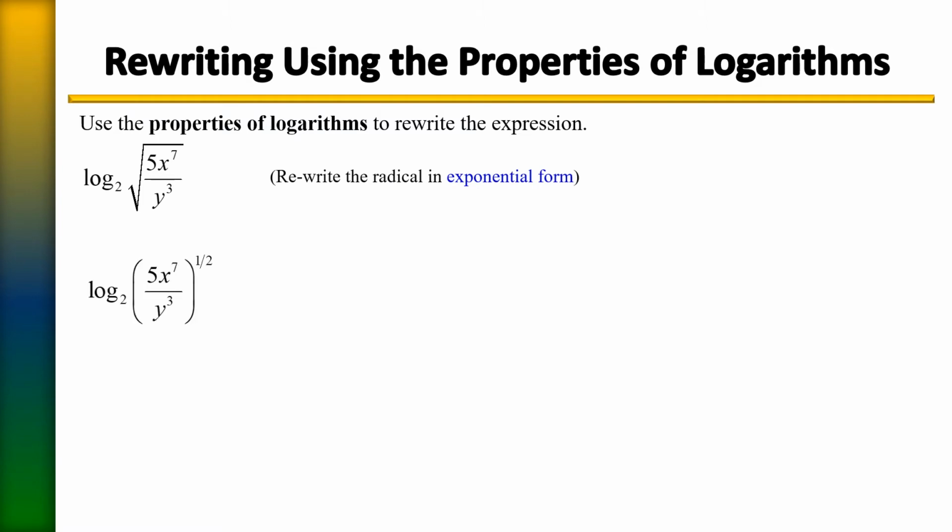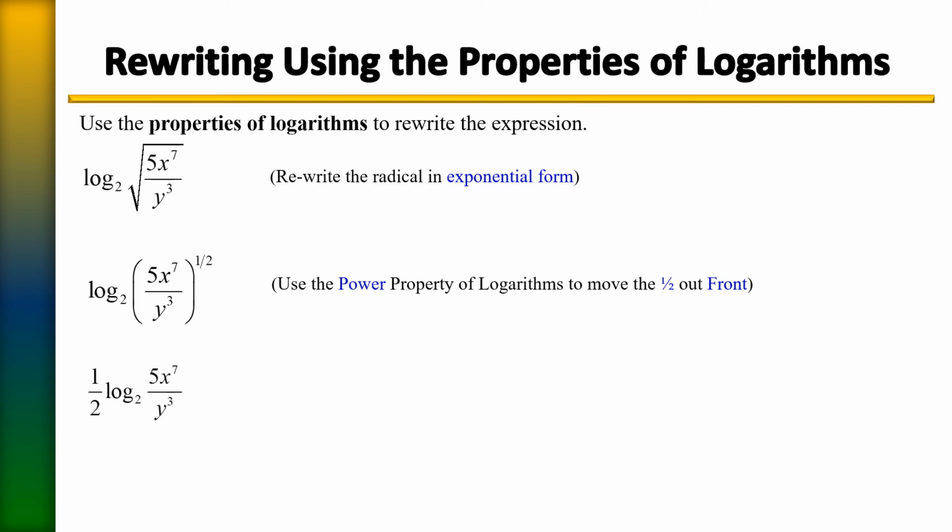So now we have that rational expression raised to the 1/2 power. And recall that the power property of logarithms states that if you have a power in your log, you can move that power out in front of the log. So let's go ahead and do that. And again, that's called the power property of logarithms.